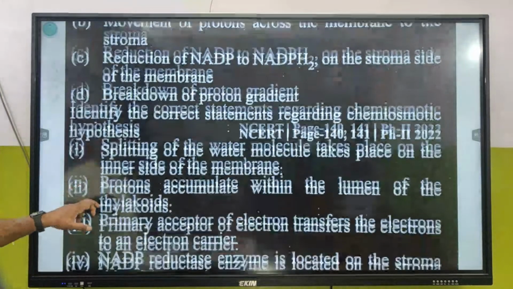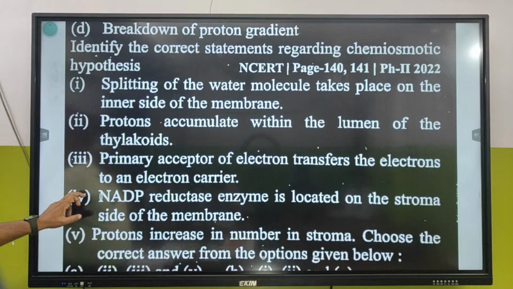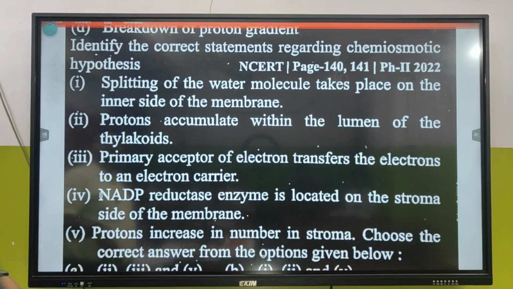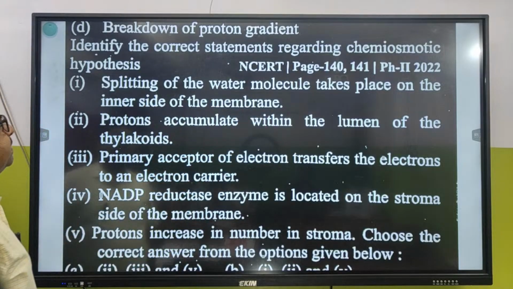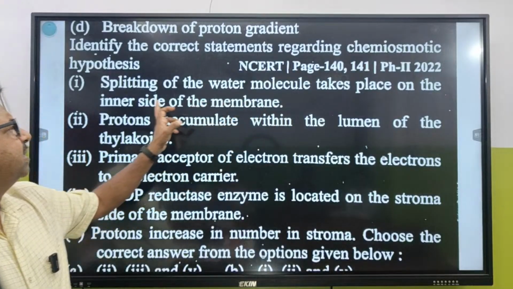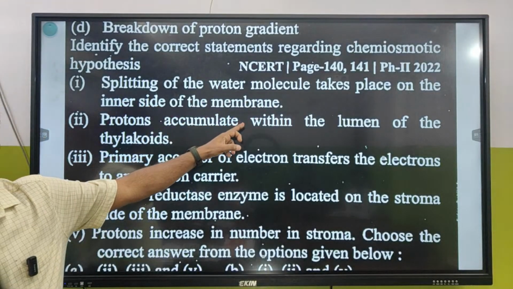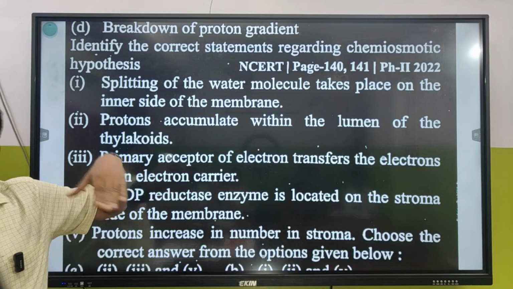Identify the correct statements regarding the chemiosmotic hypothesis. Look carefully at chemiosmosis first. Splitting of the water molecules takes place on the inner side of the membrane. Yes, inner side of the membrane only, not the outer side.